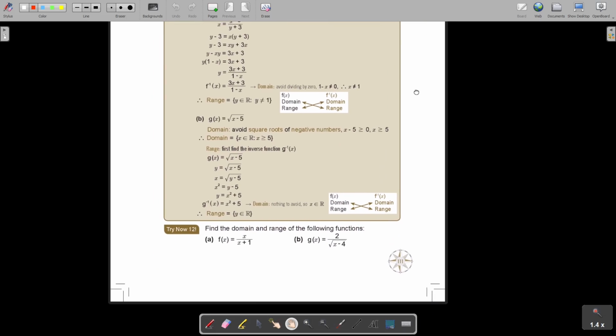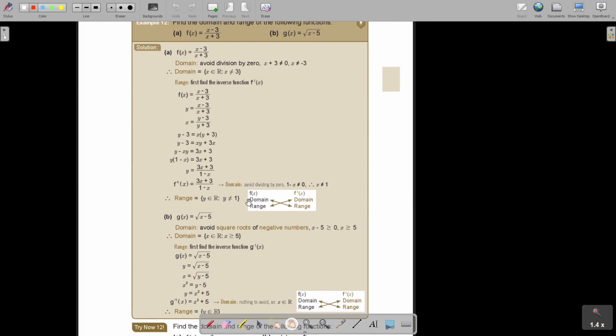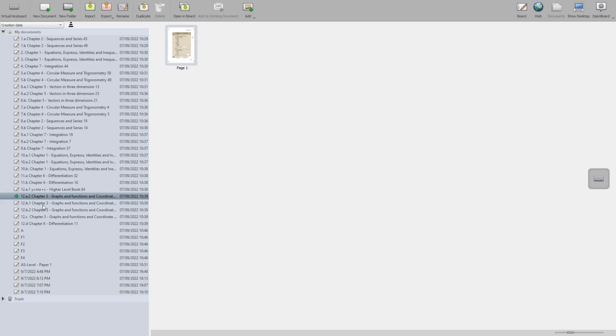It was on page 111. And can you see, you cannot divide by 0, so that's how you find that. And it must be bigger than or equal to 0. Okay, and that's how you find that one. So that question is relating to this one.